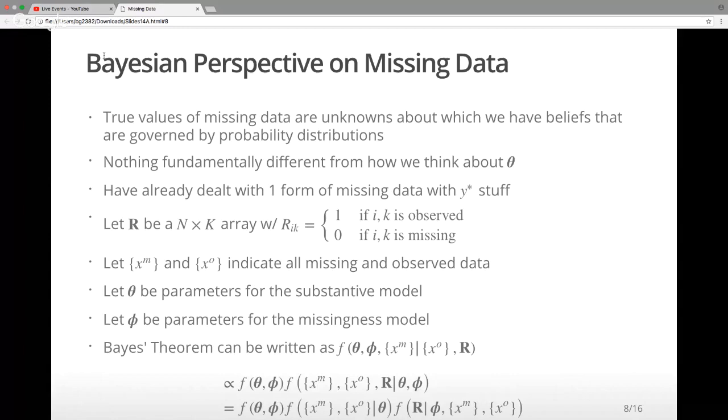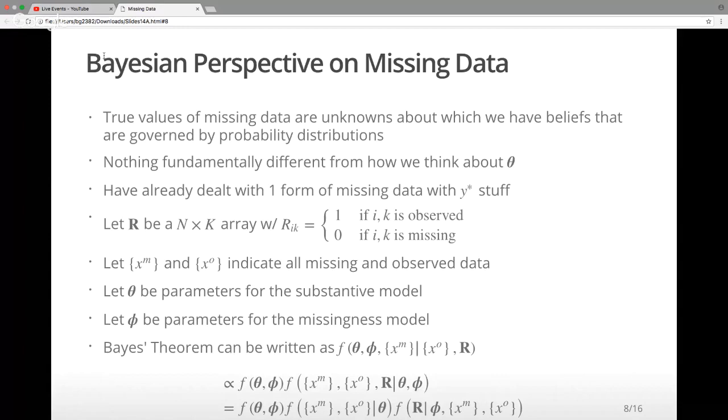Then we can write Bayes' rule as giving us a posterior PDF for theta, which we're probably most interested in, or functions of theta, and phi, which governs the missingness process, and the true values of the data that go missing. We want that posterior distribution conditional on the observed data and R, which is this n by k array telling us what's missing and what's observed.